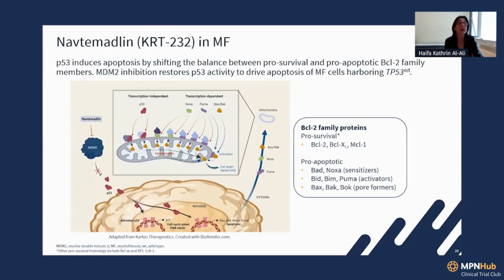So in summary, using the MDM2 inhibitor does have a rationale to restore p53 activity to drive apoptosis, as we have mentioned, by inducing the intrinsic apoptotic mitochondrial pathway, where the balance is shifted toward the pro-apoptotic BCL2 family members against the pro-survival BCL2 members.